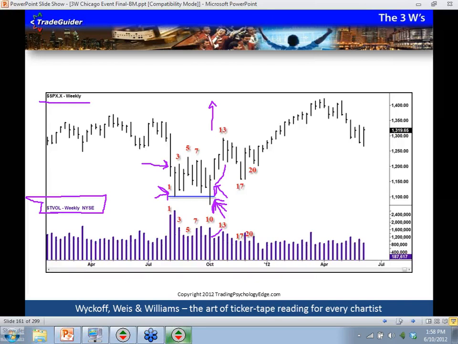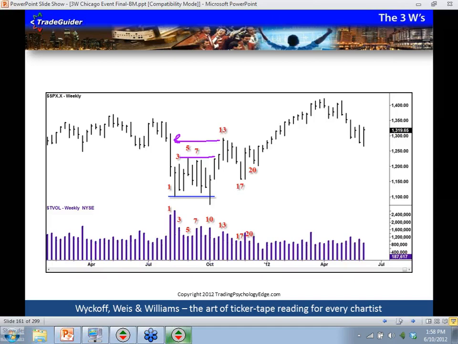Bullish behavior. Not only that, but we have broken up above bar 5, firmly broke up above bar 5. And we've gone deep into the supply that we saw in bar 1.